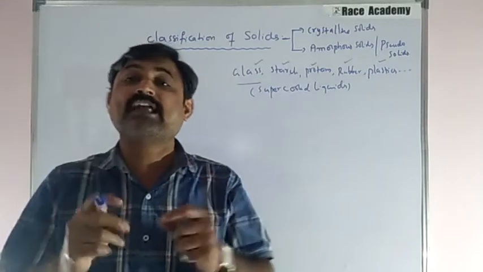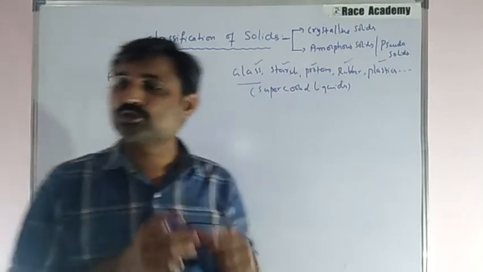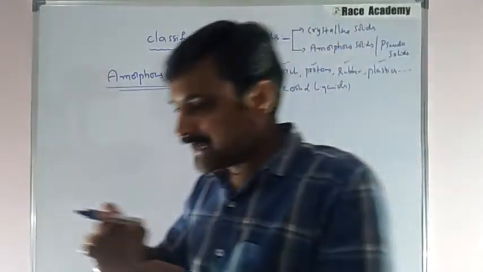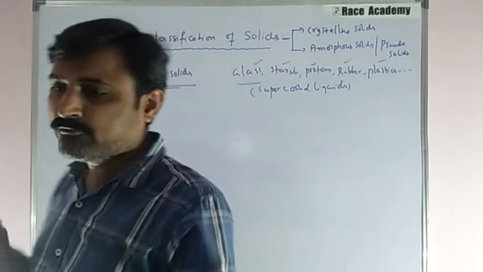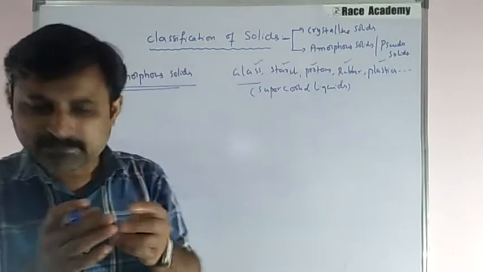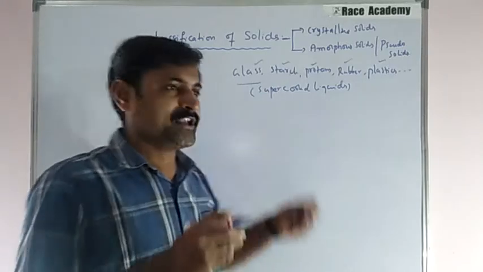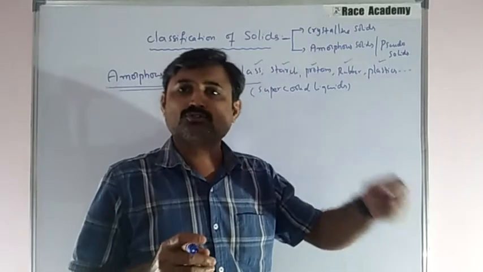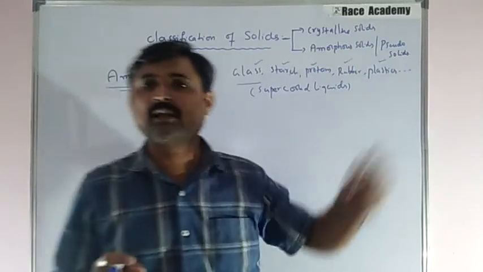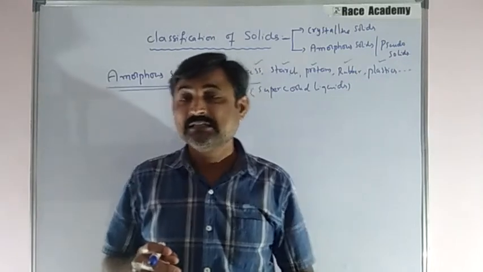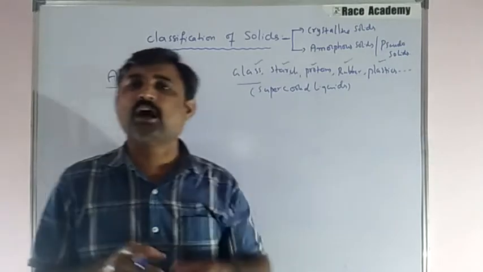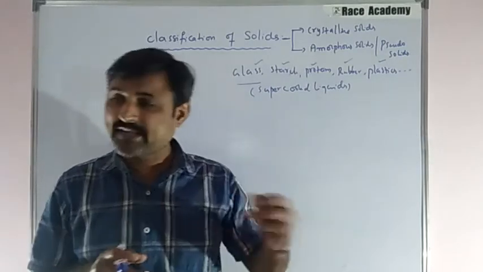On heating, what will happen? These kinds of pseudo solids gradually soften over a wide range of temperature before they actually change into liquid form. Understand the meaning of this: when you start heating, a crystalline solid starts melting at one particular temperature. But in the case of amorphous solids, this melting process is noticed over a wide range of temperatures.